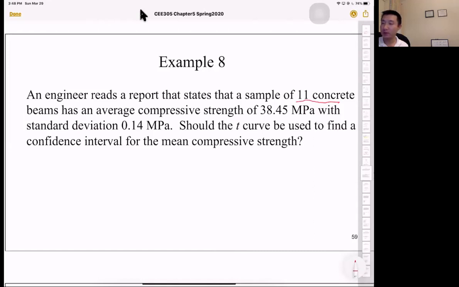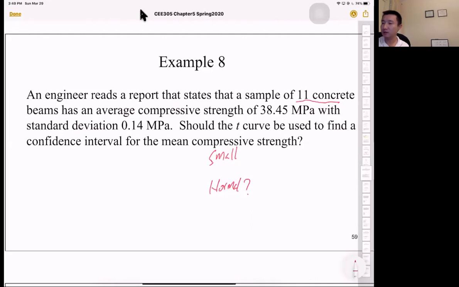Okay, we know this is a small sample. Sample size 11 is a small sample. Remember, another requirement for that is the sample needs to follow a normal distribution. Okay, look at the question.